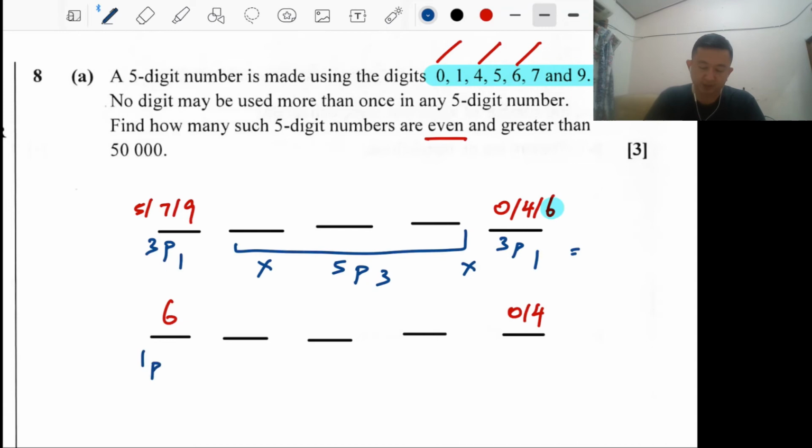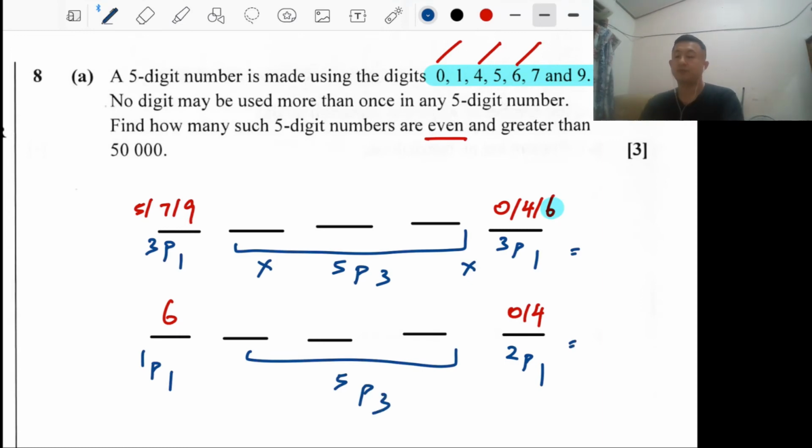Okay, 1P1, this is 2, 2P1, and same thing, 5P3. 540, 120. The final answer should be 660.